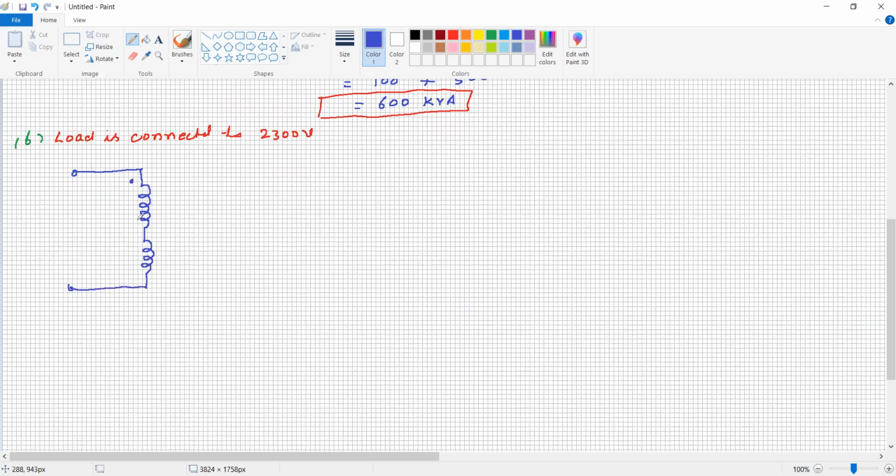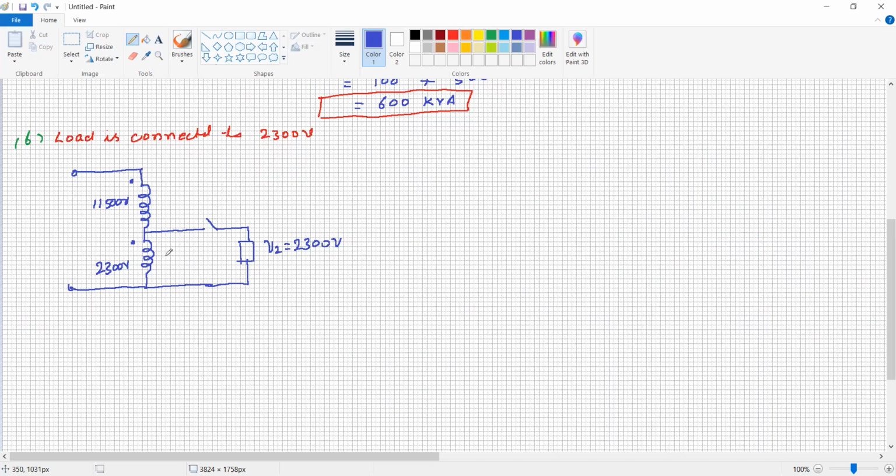Again it is the same, connected in series. So here it is now 11500 volt and 2300 volt. The secondary load is connected, at this load condition V2 is equal to 2300 volt.